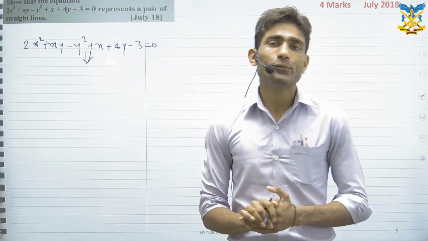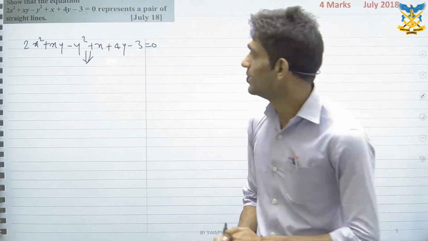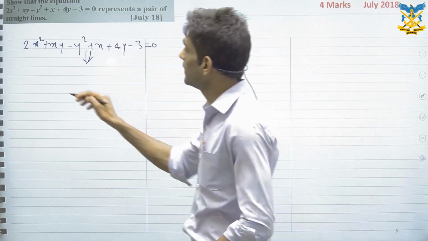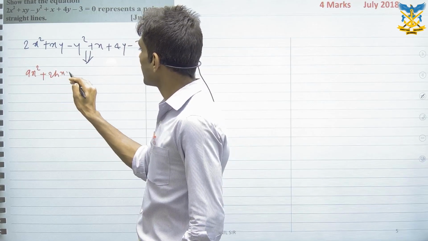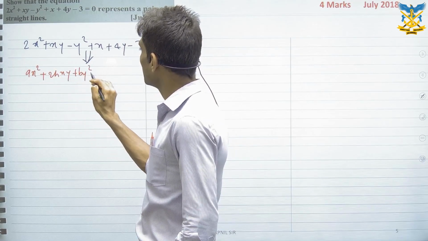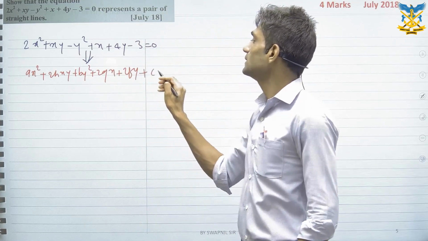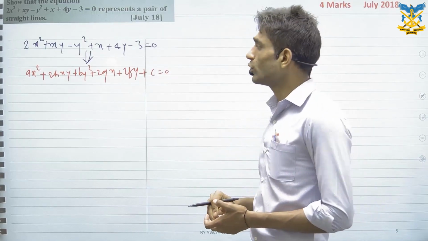We have to compare it with the standard form of the general equation, which says ax square plus twice hxy plus by square plus twice gx plus twice fy plus c, which is equal to 0, okay.